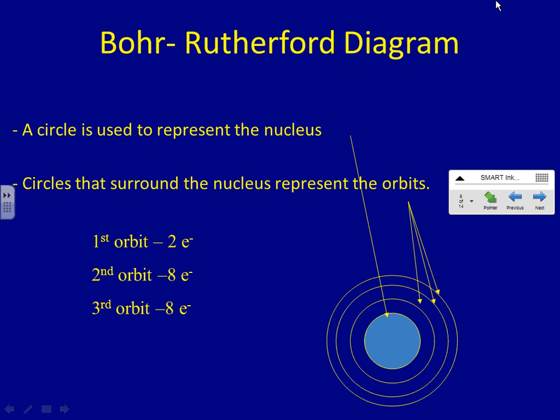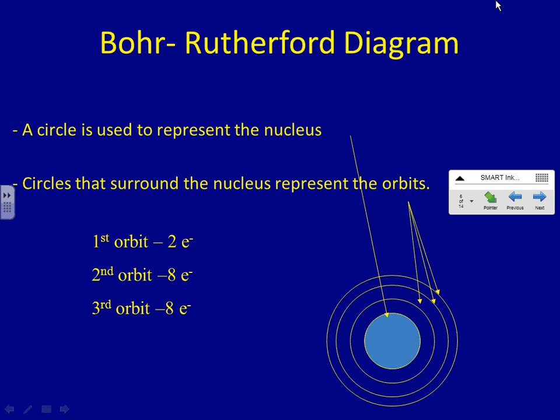So for the first orbit, if n is equal to 1, his radius would have just been K. But for the second orbit, it would be K times 2 squared. What's 2 squared? 4, which means the second orbit is 4K. So it's not twice as far away, it's 4 times as far away.